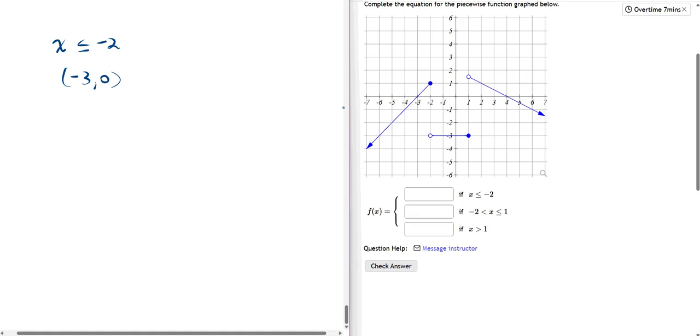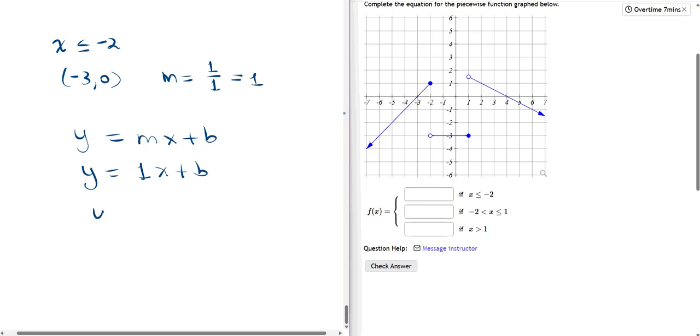That's one point, okay? And then the slope, if I just start at any point and count up and over to another point, so let's say I start at this point here and I count up and over, I'm going to go up 1 and over 1, so that's a slope of +1. And then y equals mx plus b again, where I put in the slope and then simplify.